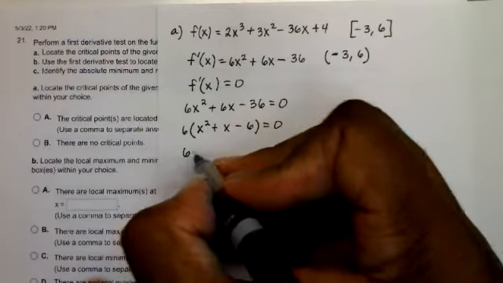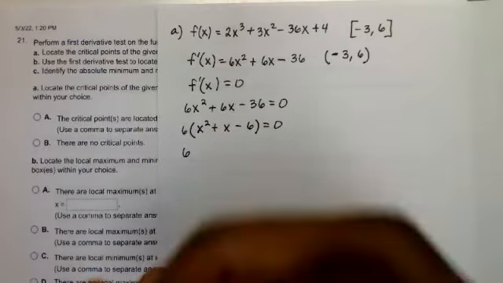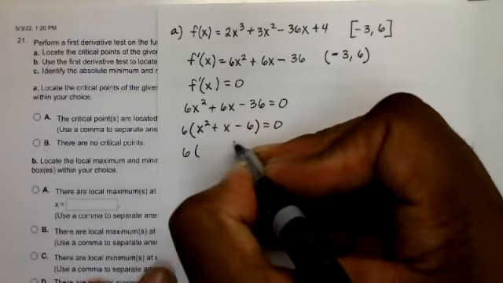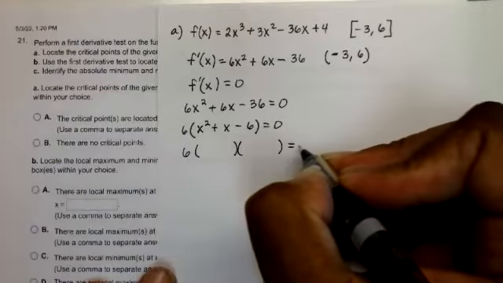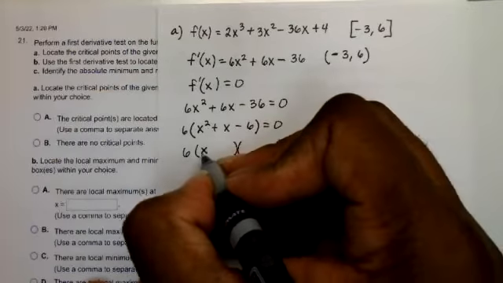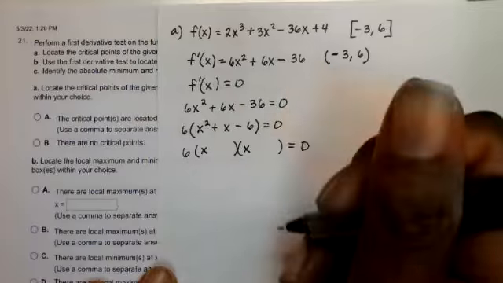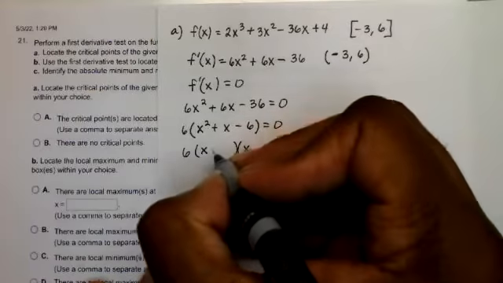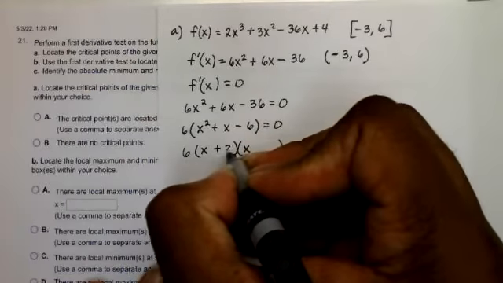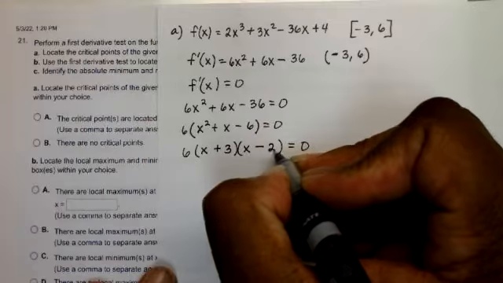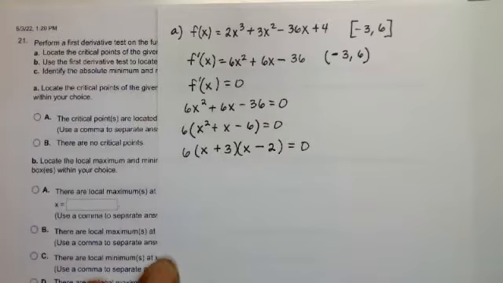I can factor x squared plus x minus 6 into two binomials. X squared breaks up as x and x. The factors of 6 that give me the middle term of x will be plus 3 and minus 2. So I get 6 times x plus 3 times x minus 2 is equal to 0.